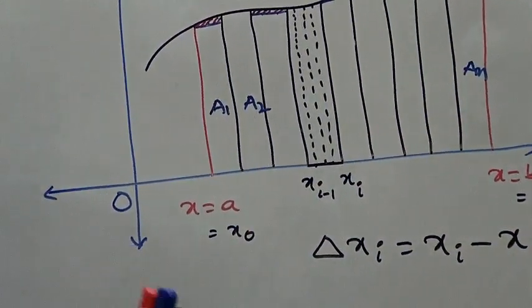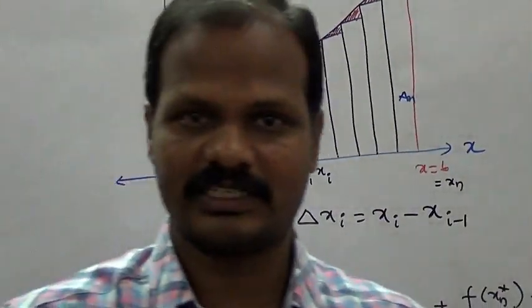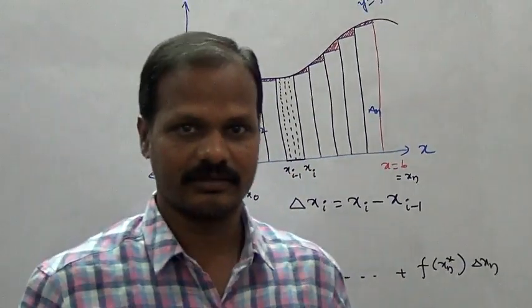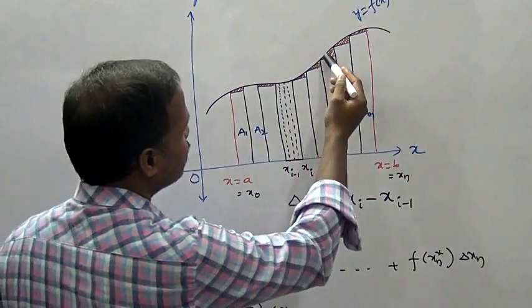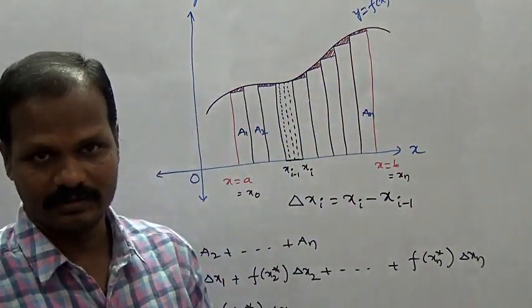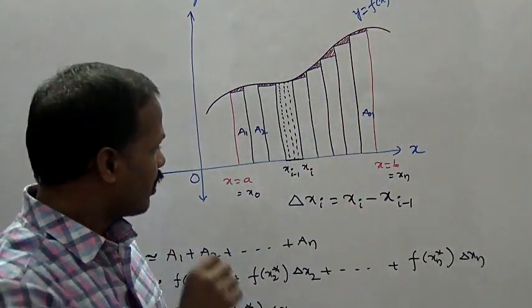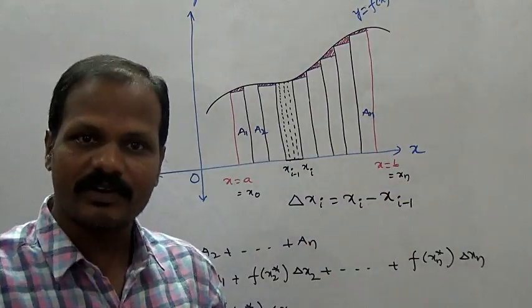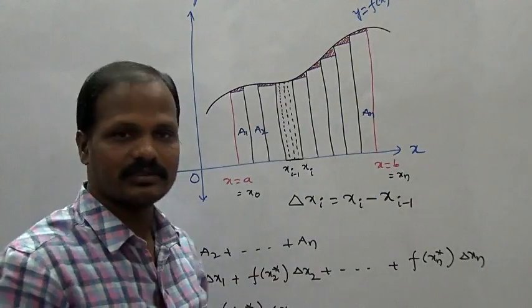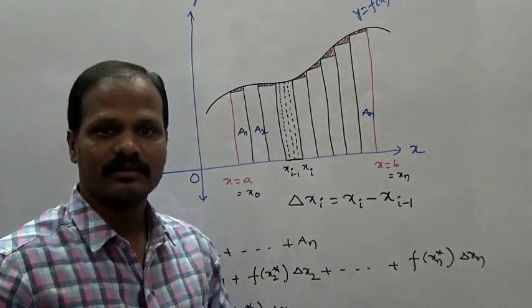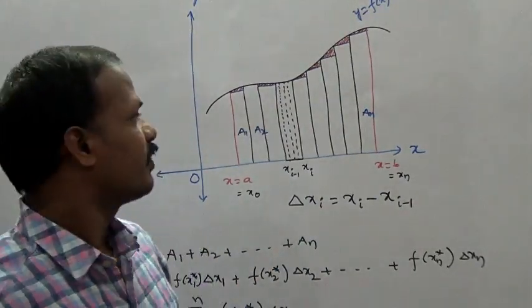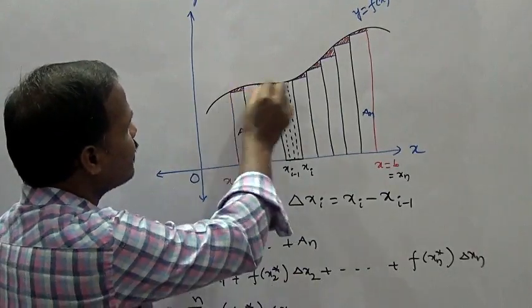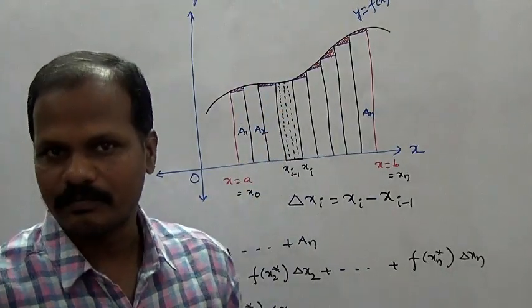That means if you make more partitions, then these errors will be excluded. Okay na? So if n goes to infinity, that means the number of subintervals goes to infinity, then these errors will be overcome.